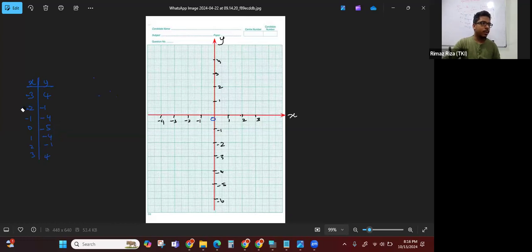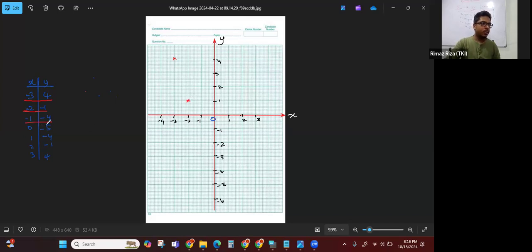So let's now mark the coordinates in the graph. First, when x equals minus 3, y equals 4. So this point. And when x equals minus 2, y equals minus 1. This point.